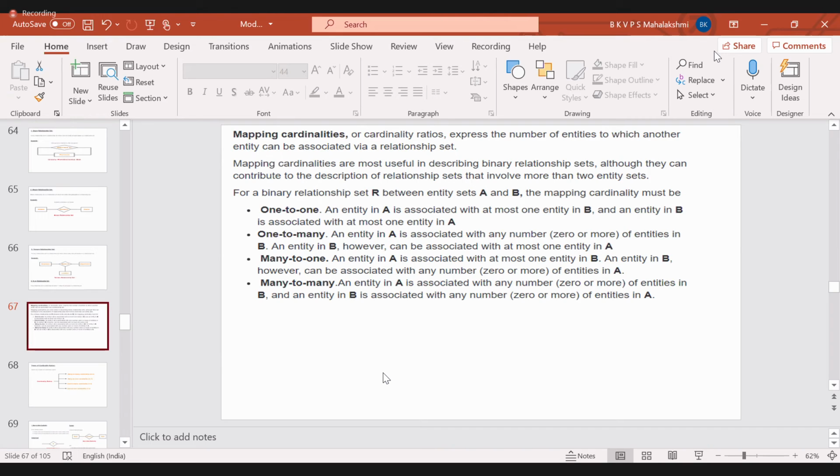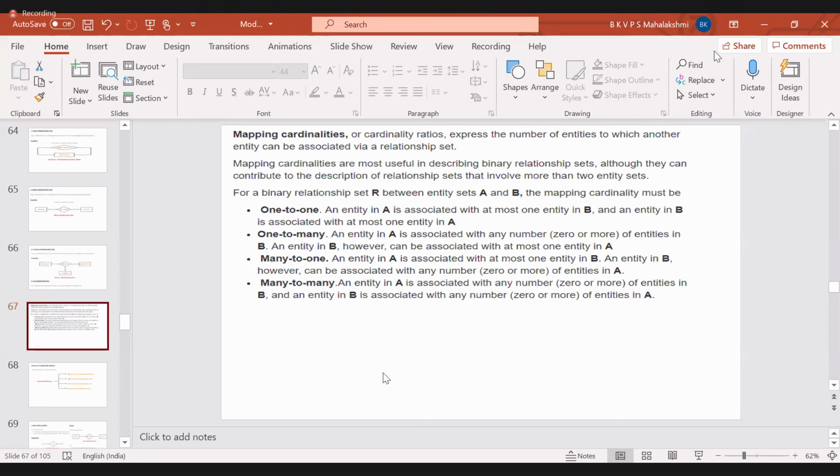Sometimes, if there is a constraint that every student must register for all the courses, then all the students are registering for all the courses. So I can say it is 1:many. One student is registering many courses. So the cardinality from one entity to the other entity is 1:many.